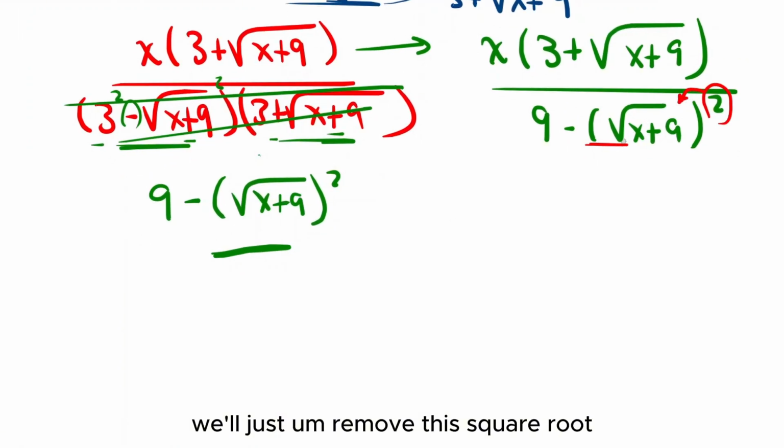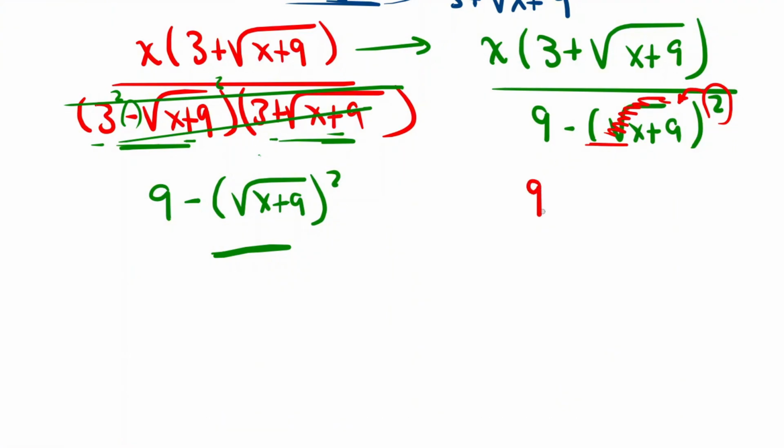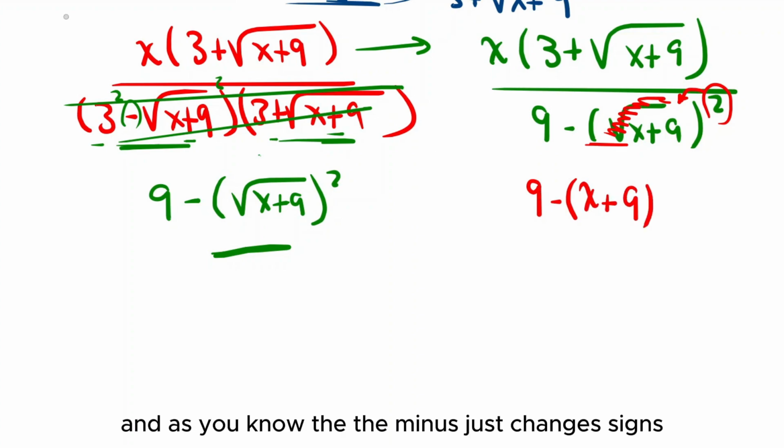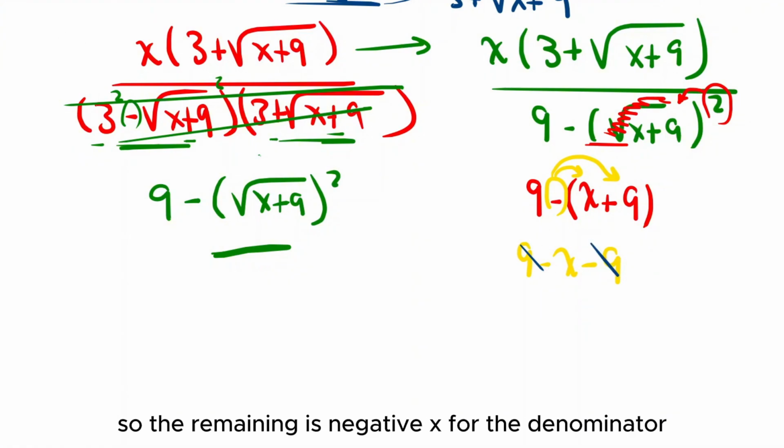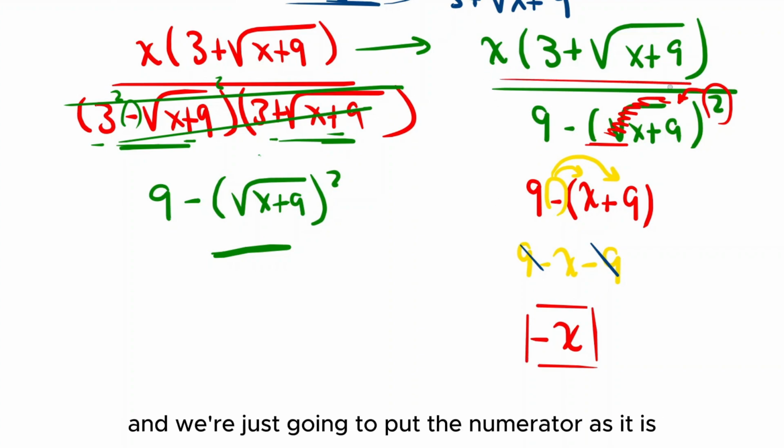Power will just remove this square root, so it's 9 minus x plus 9, and as you know, the minus just changes signs, so it's 9 minus x minus 9, and the 9's will cancel, so the remaining is negative x for the denominator. And we're just gonna put the numerator as it is.